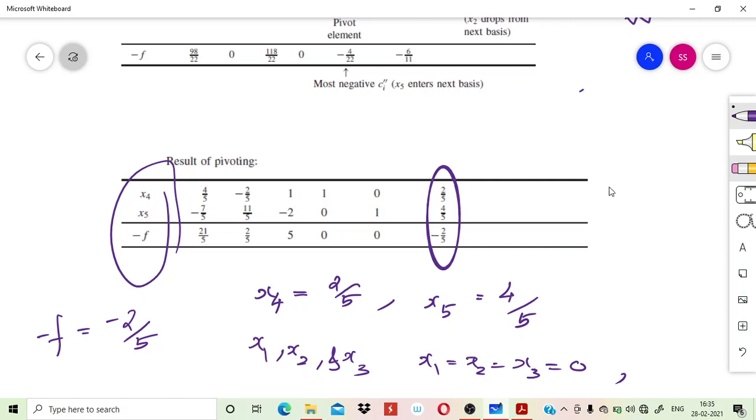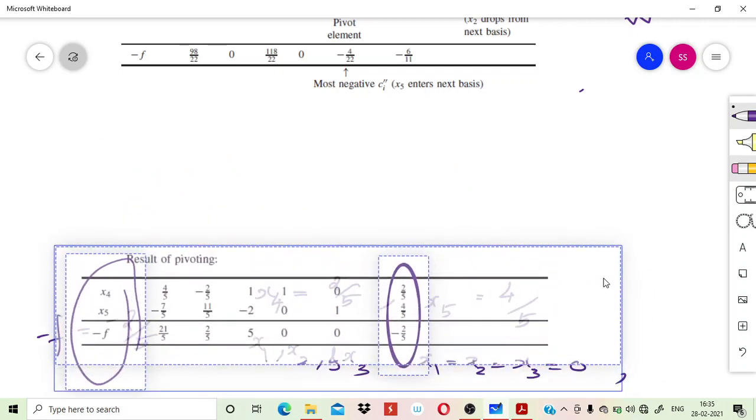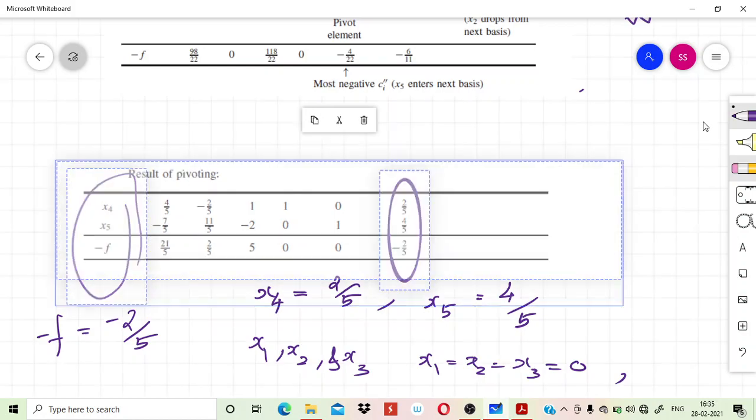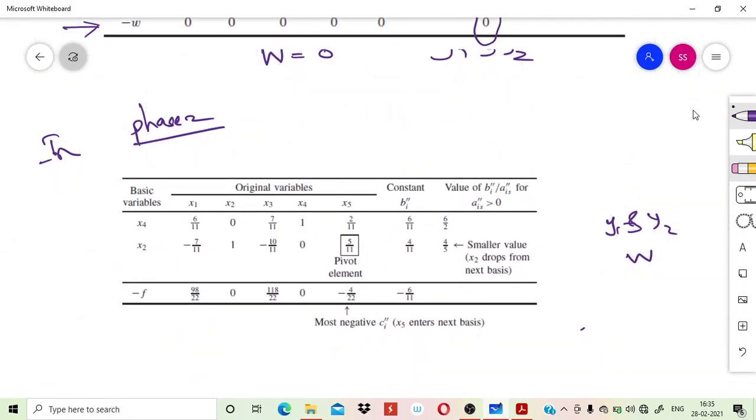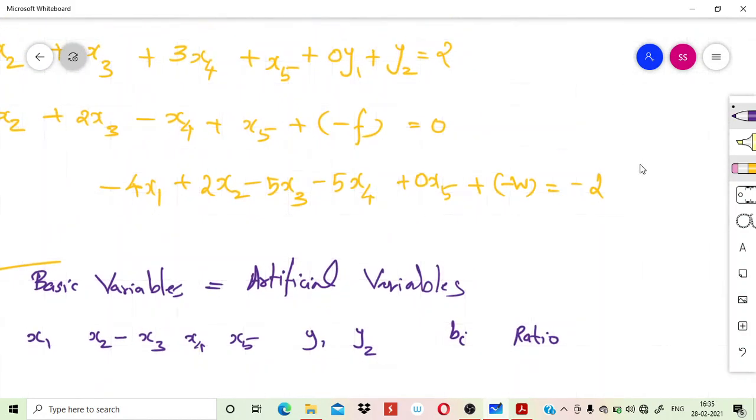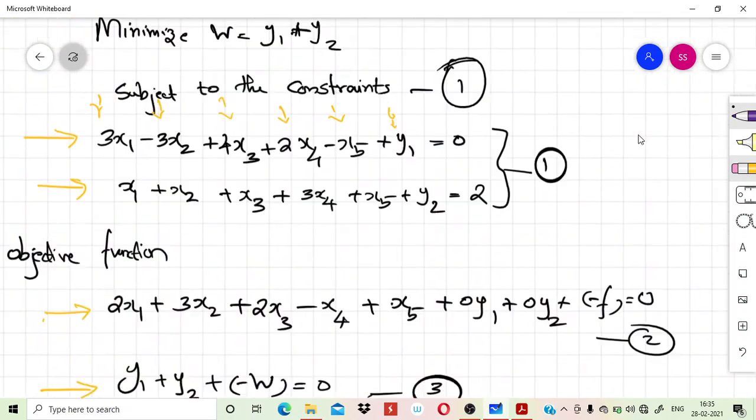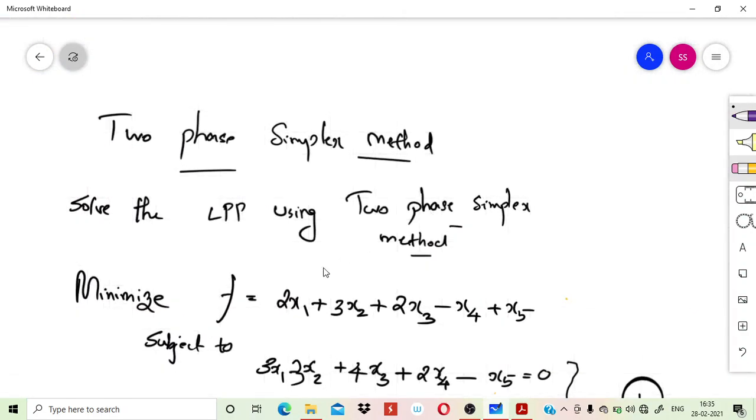But our original problem was to minimize f, not minus f.